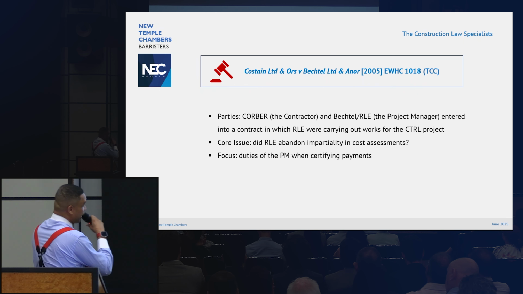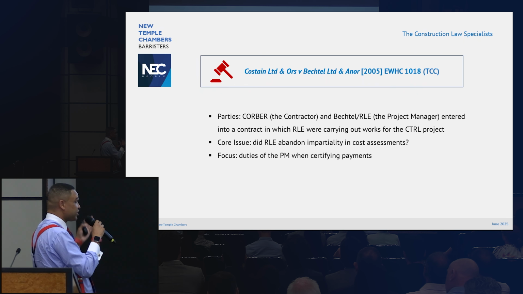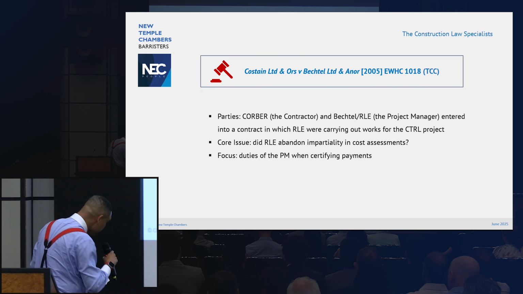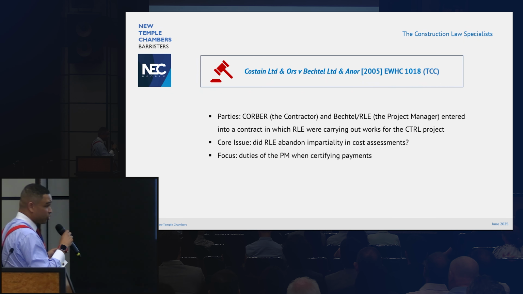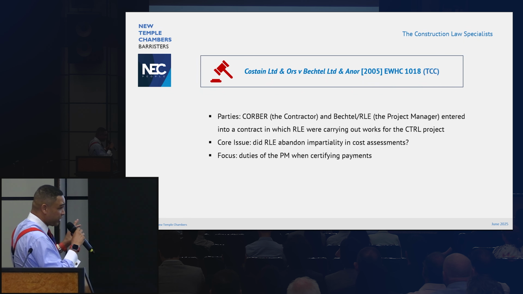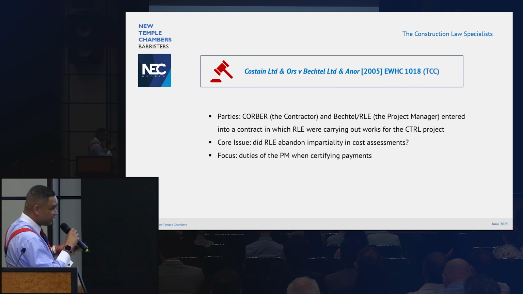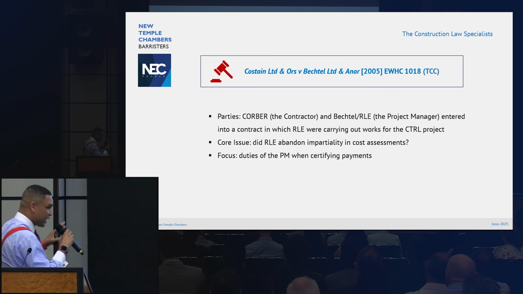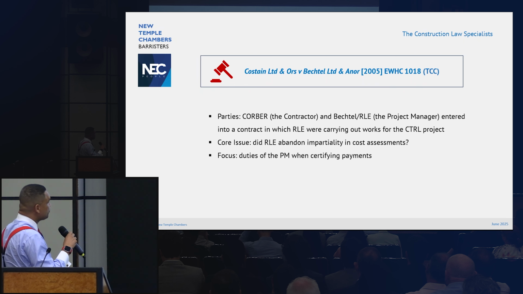The court looked at the duties of the PM when certifying payments. There's significant case law, generally not necessarily NEC, but to do with impartiality and certification duties, etc., of PMs and those in that sort of role.